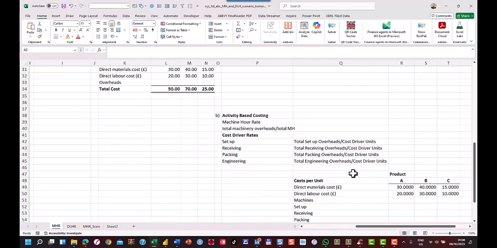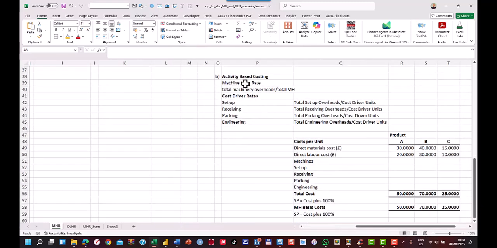For ABC, it's using machine hour rate for machine overheads only. Then we need to calculate the cost driver rate on these bases, which we then apply here.